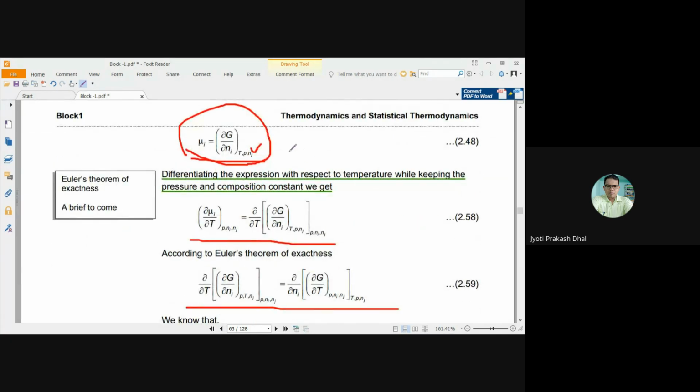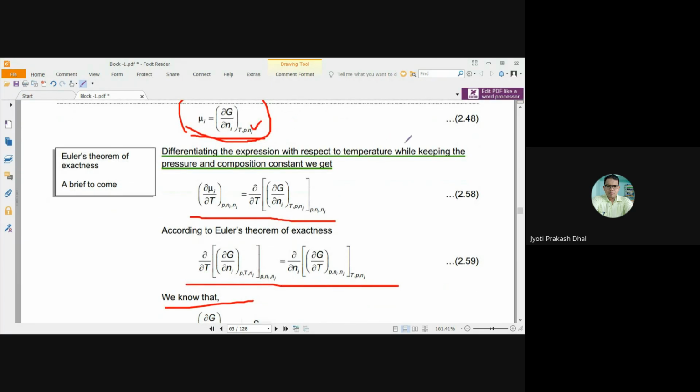So this is the chemical potential of the ith component, equation 48. Differentiating the expression with respect to temperature, keeping the pressure and composition constant, we can write del mu I by del T at constant P, Ni, Nj equals del by del T of del G by del Ni at constant T, P, Nj.